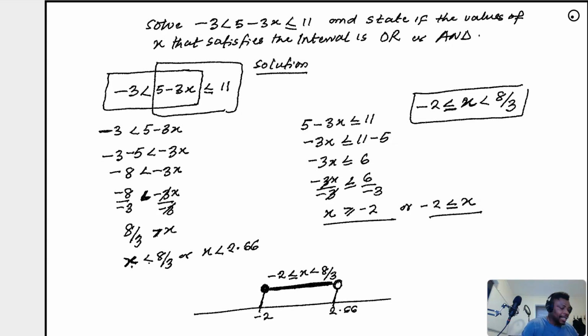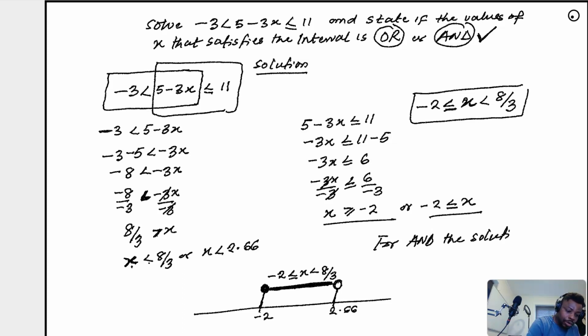So the question says, state if the value of x that satisfies the inequality is "or" or "and". Because this is combined, it is what? "And". So for "and", the solution is -2 less than or equal to x less than 8 over 3.